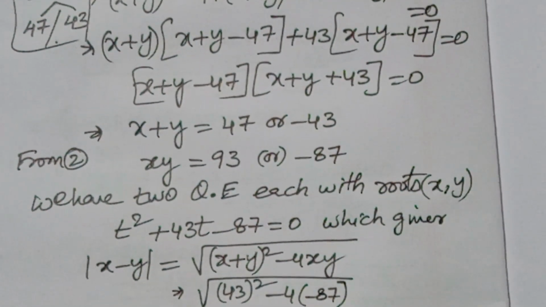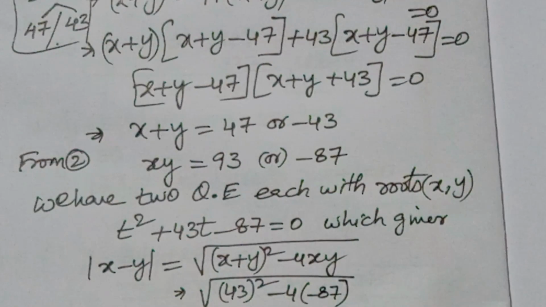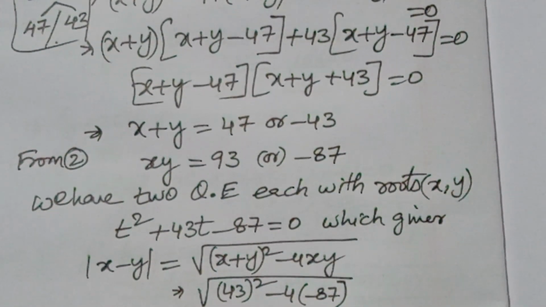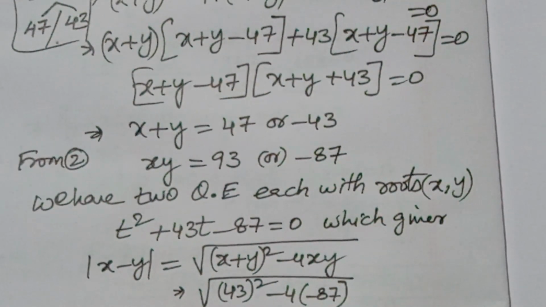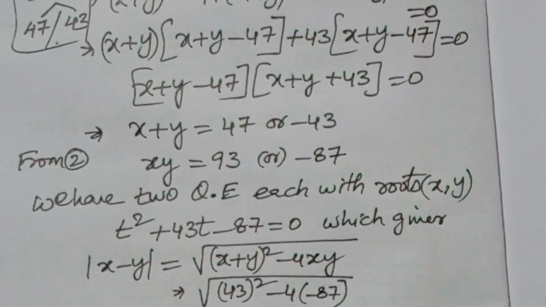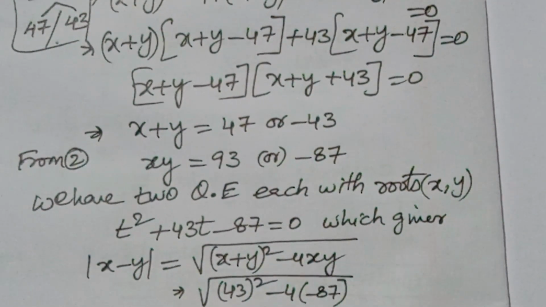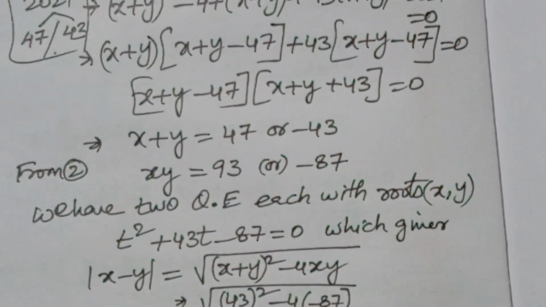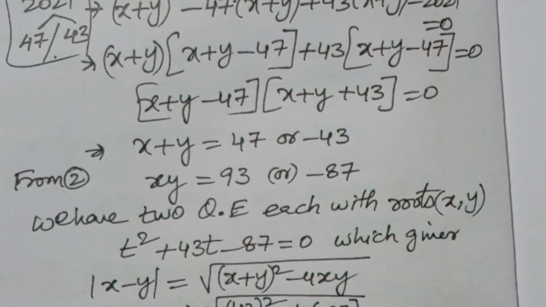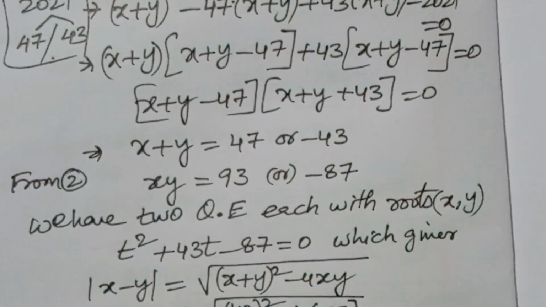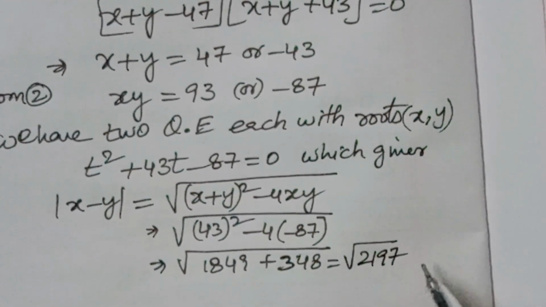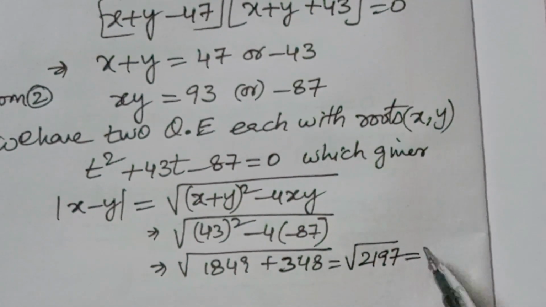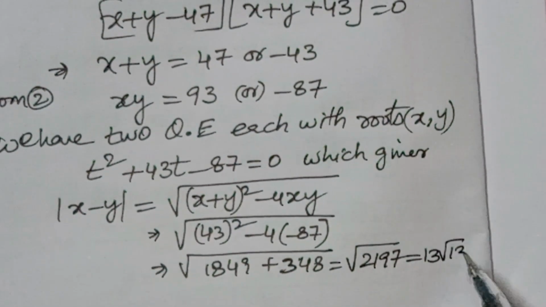So here what we get is the square root of 1849 plus 348. So we'll get the square root of 2197, that is nothing but 13 root 13.